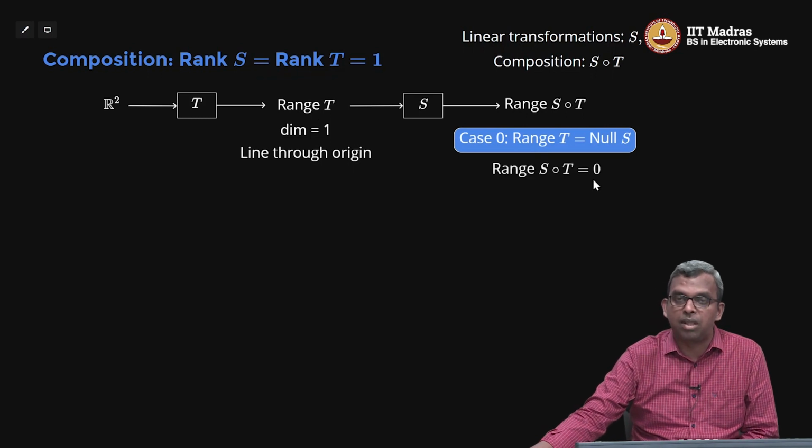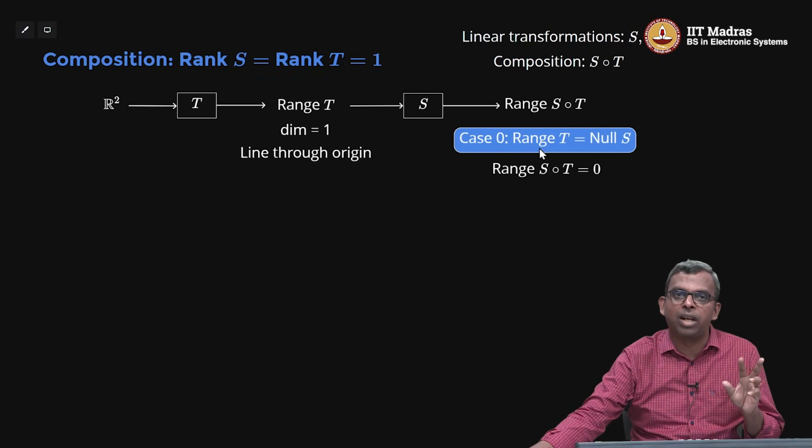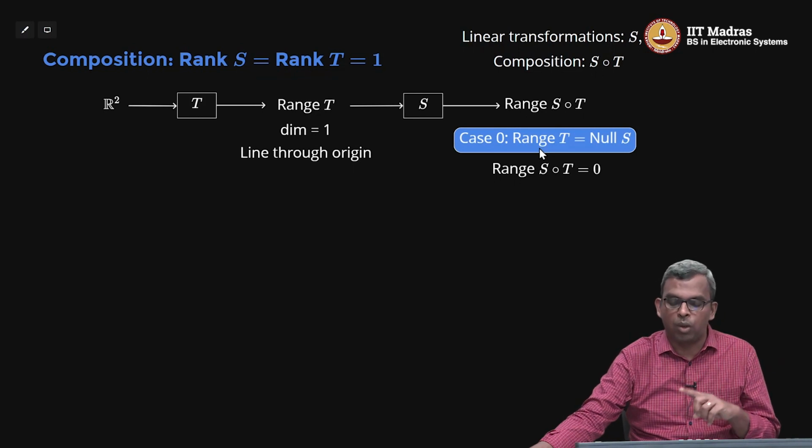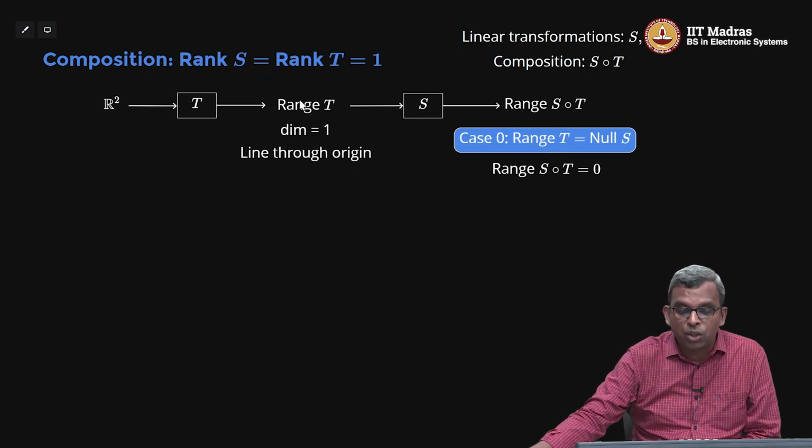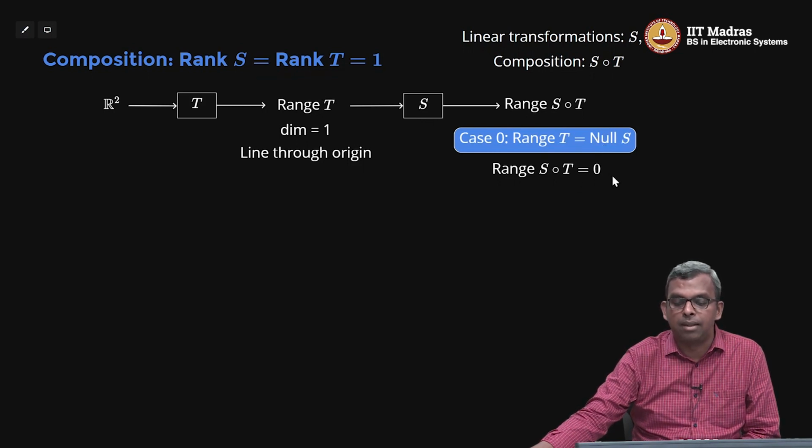Your range will become 0. And this is what was going on in our case where we had two non-zero matrices multiplying to give you 0. So when range of T has dimension 1, but it ends up coinciding with the null of S, which is also a dimension 1 space, then the range of S cross T can be 0.